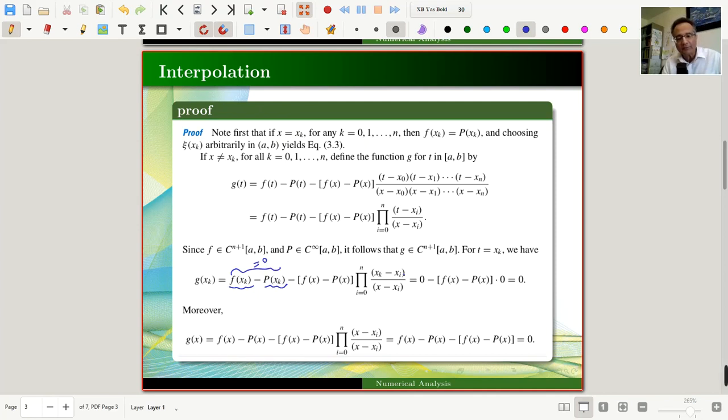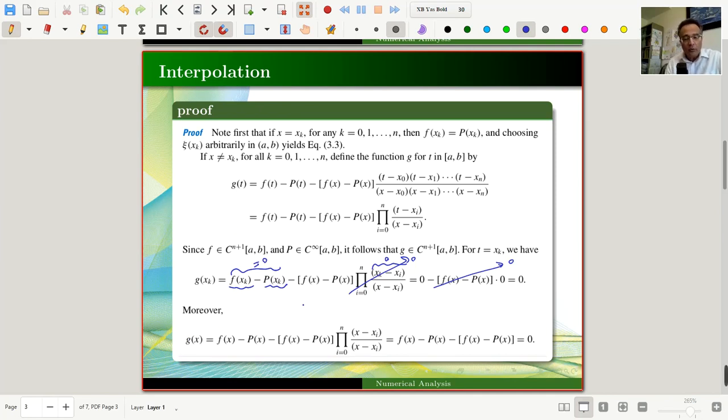And if we consider t equal to xk, in this product, somewhere xi will be equal to xk, and 0 will appear in the numerator, so all this product will be 0, and we can conclude that g(xk) is equal to 0. So g(t) has n+1 zeros, x0, x1 to xn.